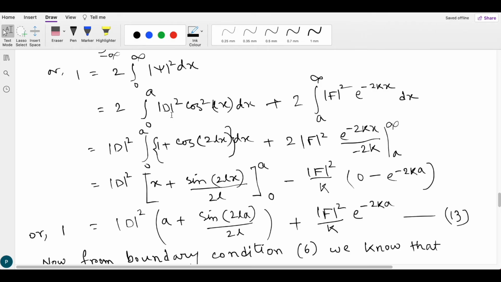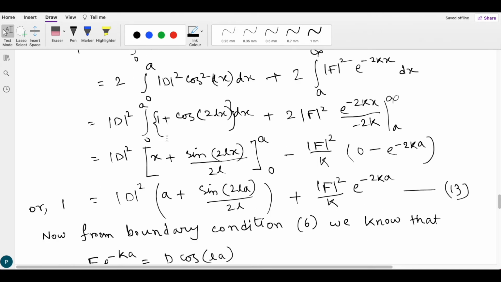Let us take d square out of the integral, because this is a constant, and we know 2 cos square lx is 1 plus cos 2lx. The integration of e to the power minus 2kx is e to the power minus 2kx by minus 2k, and the limit is a to infinity.